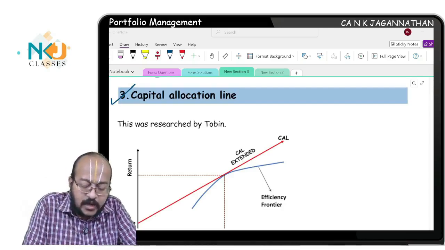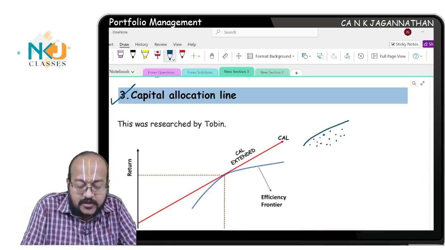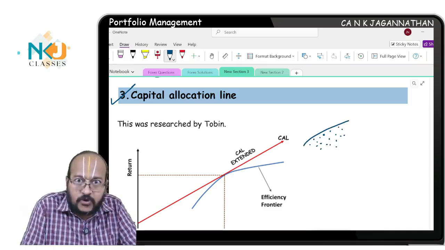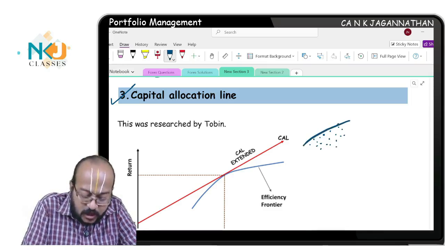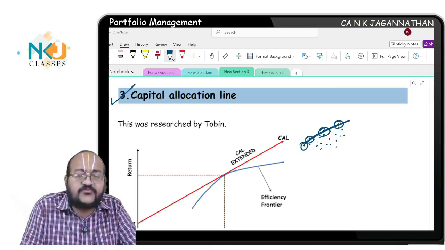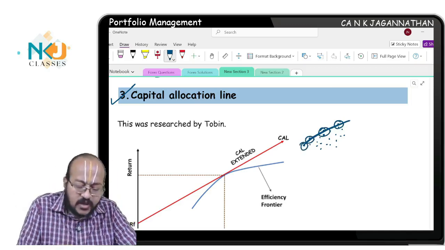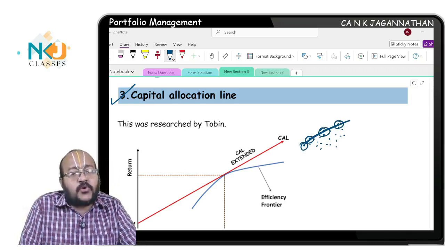See what happened. In Markowitz portfolio theory, we only considered individual securities. This is the efficiency frontier, and below that, all these securities and all these portfolios of securities are inefficient, and the portfolios which form part of the Markowitz efficiency frontier will be efficient portfolios, correct?